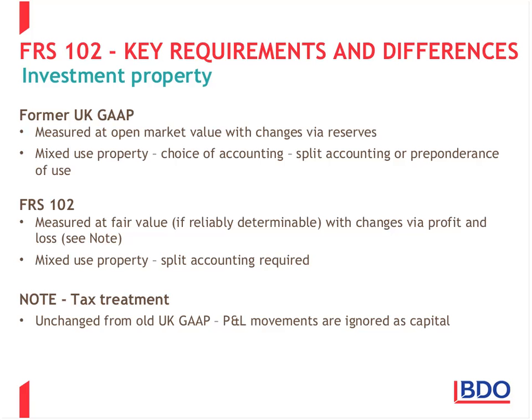This does not, however, change the tax treatment for investment properties, which are always capital gains tax assets, and any P&L movement needs to be added back in the tax computation and ignored as it is capital.